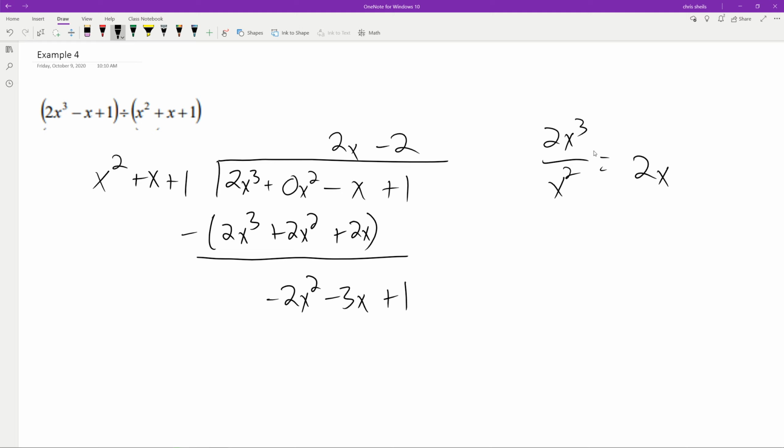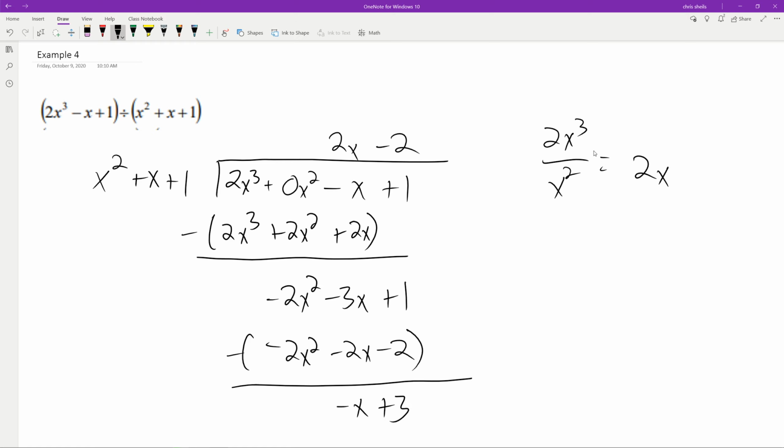Negative 2 times this entire thing is negative 2x squared minus 2x minus 2. I'm subtracting. I get negative x plus 3. And this is my remainder because this has a lower power than the thing I'm dividing by.